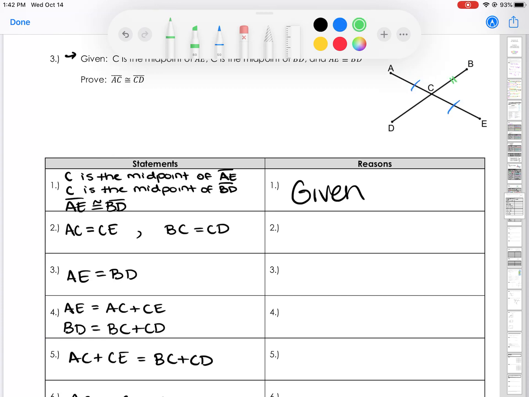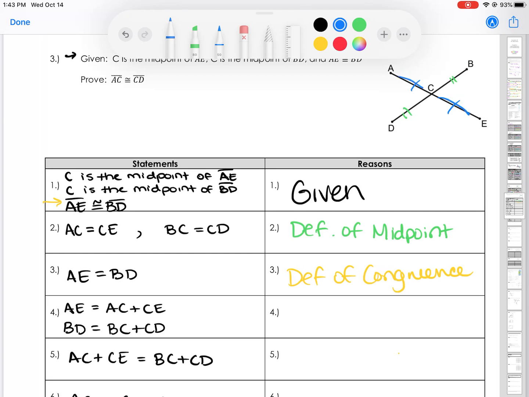So we have AC and CE, and we have BC and CD, and that is because C is the midpoint of both of those lines. So because we're using equals, we'll use definition of midpoint. If we had said congruent, we would have used midpoint theorem. All right, so now what we're going to say is that AE is equal to BD, and that's just taking this statement and making it into an equal sign. So that's definition of congruence.